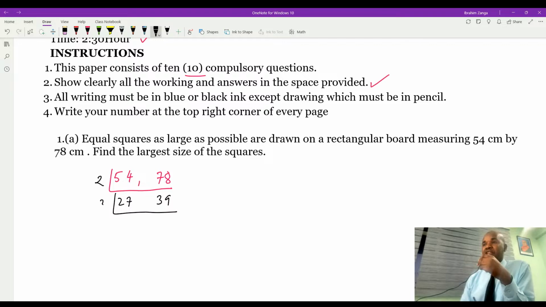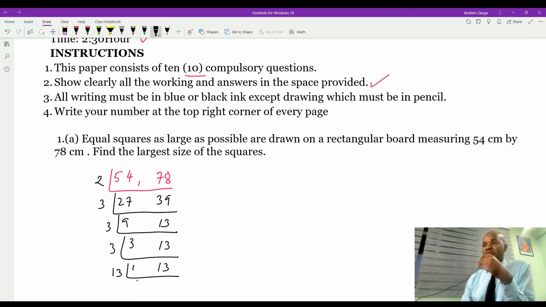The next will be 3, by 3 will be 9, by 3 will be 13. By 3 again will be 3, then 13. Going by 3 again will be 1, 13, and by 13 will be 1, 1.